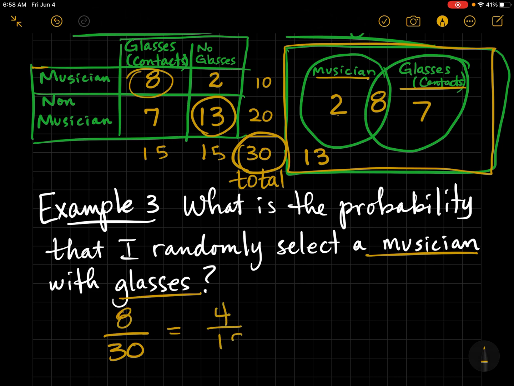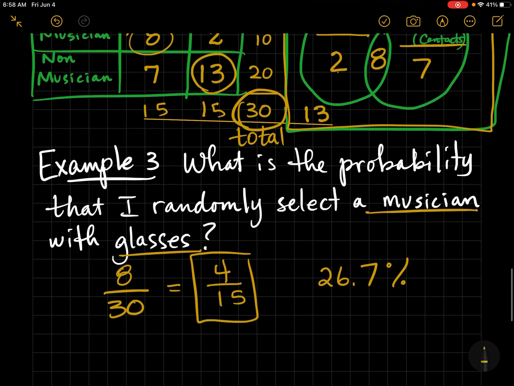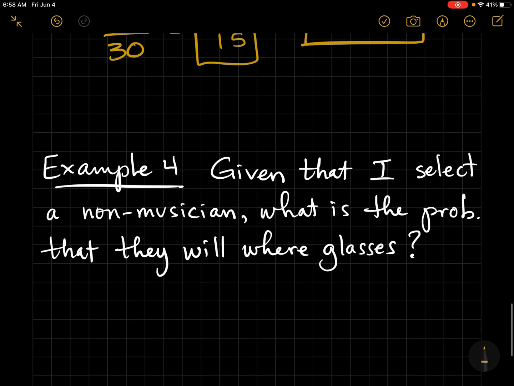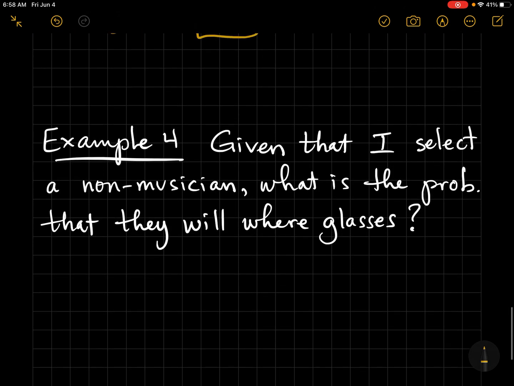Musicians with glasses, 8 out of 30. So I could reduce that, present the answer that way, or as a percentage. I like percents because I know 0% is impossible, 100% is very possible. This is possible, but not very likely. Okay, so you could present this either way, and I always ask myself about the likelihood of something occurring.